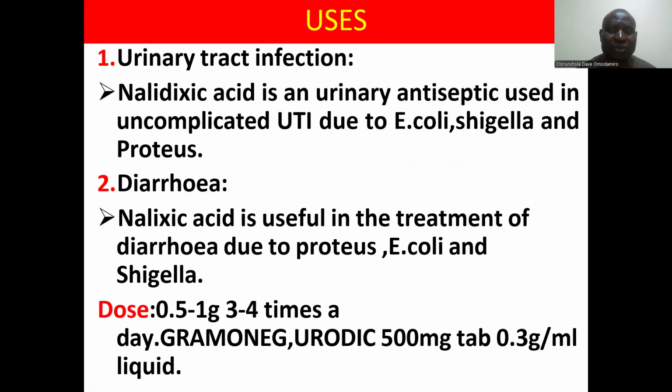What are the clinical uses? Number one, it is used in urinary tract infection. Nalidixic acid is regarded as a urinary antiseptic. I have told you the concentration is so high in the urine because of the polarity of the drug.